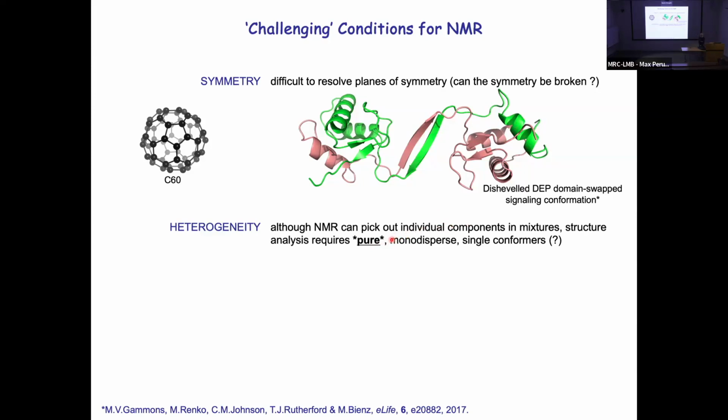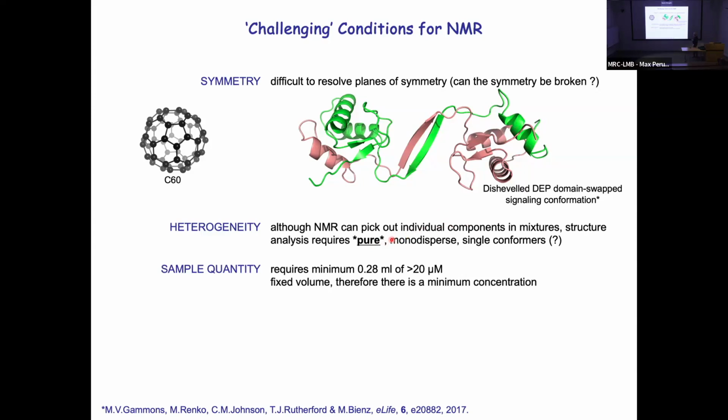So it can be monomeric or dimeric or trimeric, but we shouldn't have mixtures of the different forms. Sample quantity. NMR is inherently a very insensitive technique, as we'll come on to. And so we need quite large amounts relative to other forms of spectroscopy.